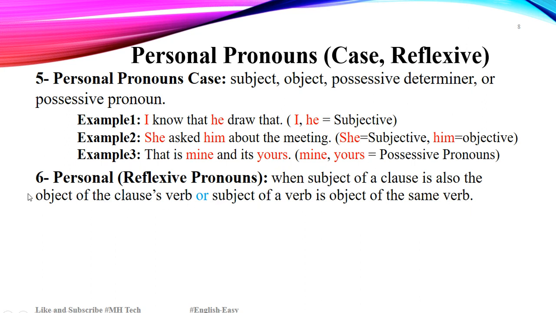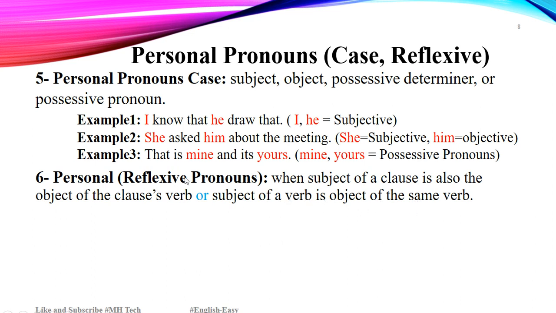So we have number 6, personal pronoun reflexive pronouns. What's the definition of reflexive pronouns here? When the subject of a clause is also the object of the clause's verb. Or a short definition: the subject of a verb is the object of the same verb.